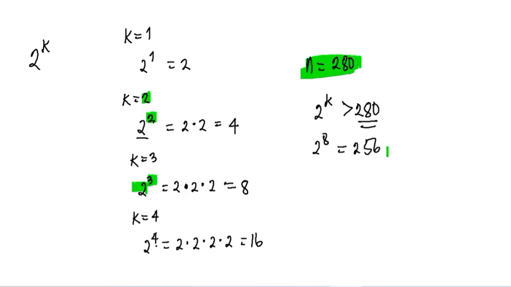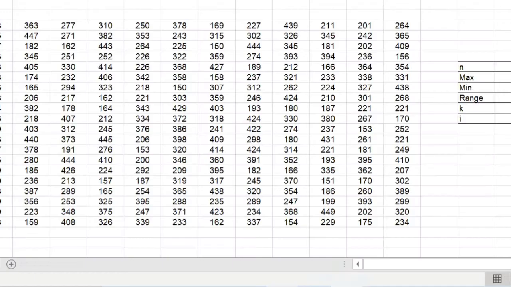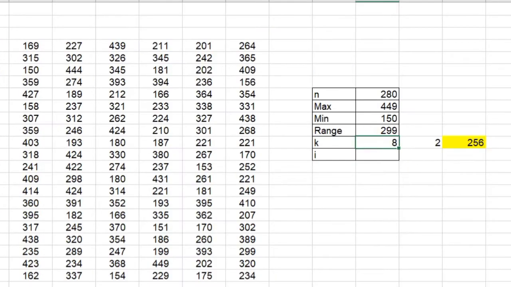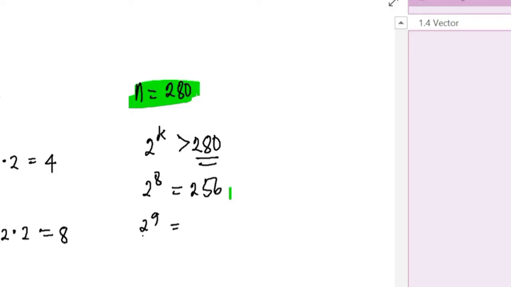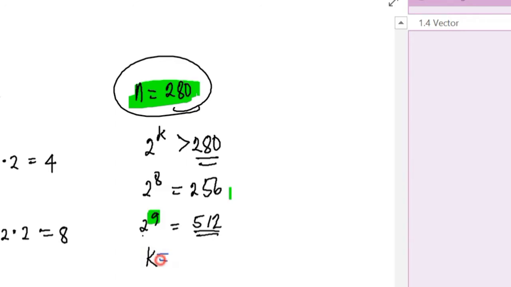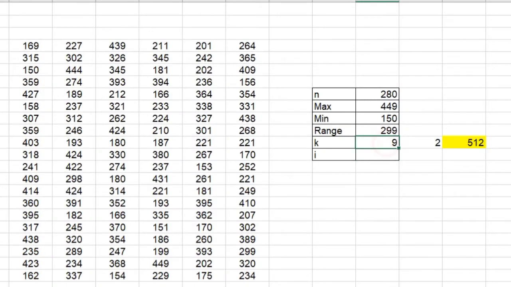So, kaya tinry po natin yung 2 raised to 9. Ibig sabihin, we multiply 2 sa sarili niya ng siyam na beses. If k is equal to 9, that is 512. So, kung 512 siya, it is the first number na higher dito kay 280. So, meaning, yung k po natin, wherein the k is our exponent, is equal to 9.